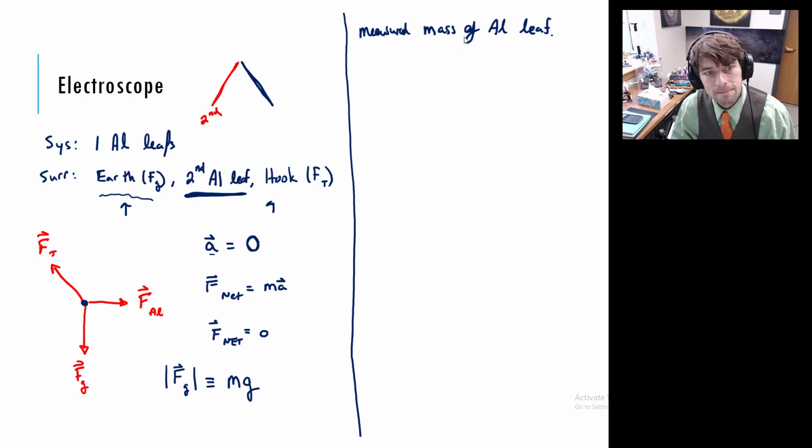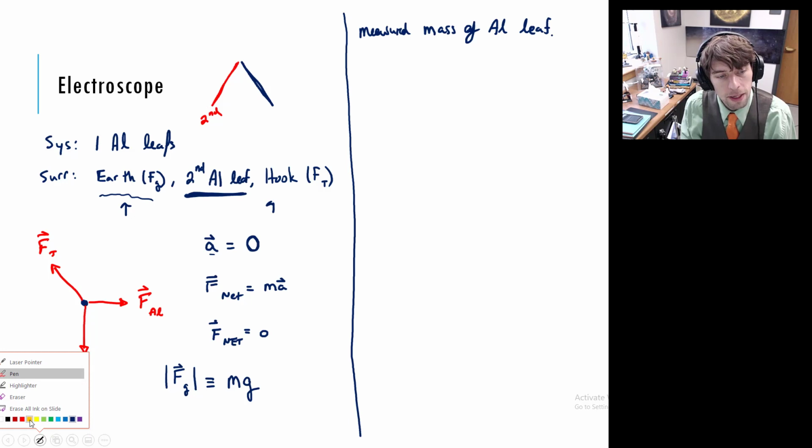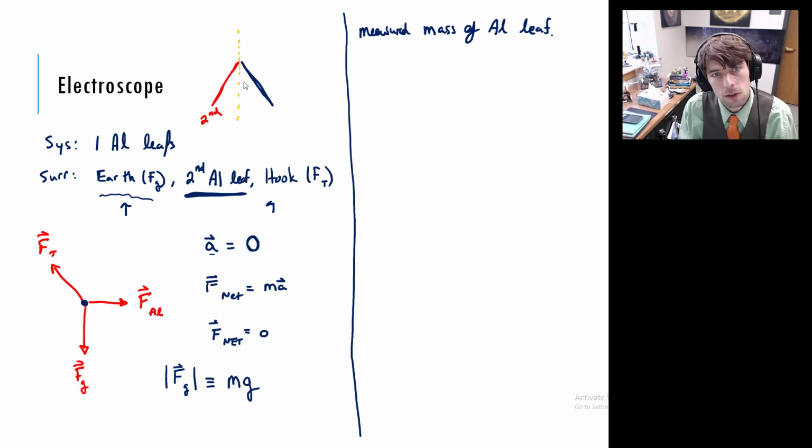So, good. The second piece of information that we're going to need, the second piece that we'll have to determine experimentally, we'll have to put a little protractor up to our glass cage, and let's assume that we have measured, and I'll go ahead and draw this in, the angle theta, the angle at which that aluminum leaf is hanging.